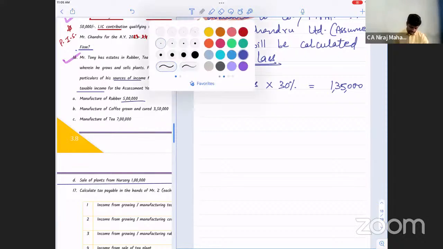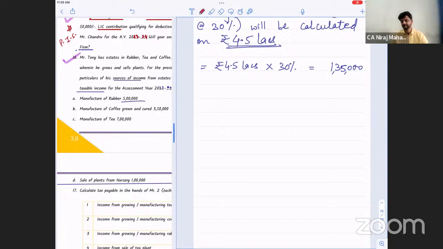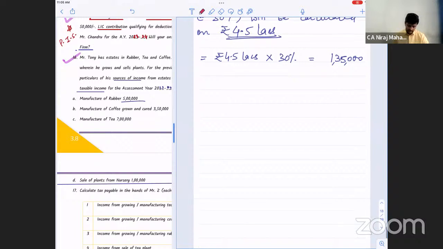Tell me, how much? Very good, good answers. If it is not allowed to anybody other than individual. Yes, everybody? All right. So 1,35,000. Will we add surcharge? No, because NTI is 4.5 lakhs. It has to be more than 1 crore for companies. Will we give rebate? No. So nothing.